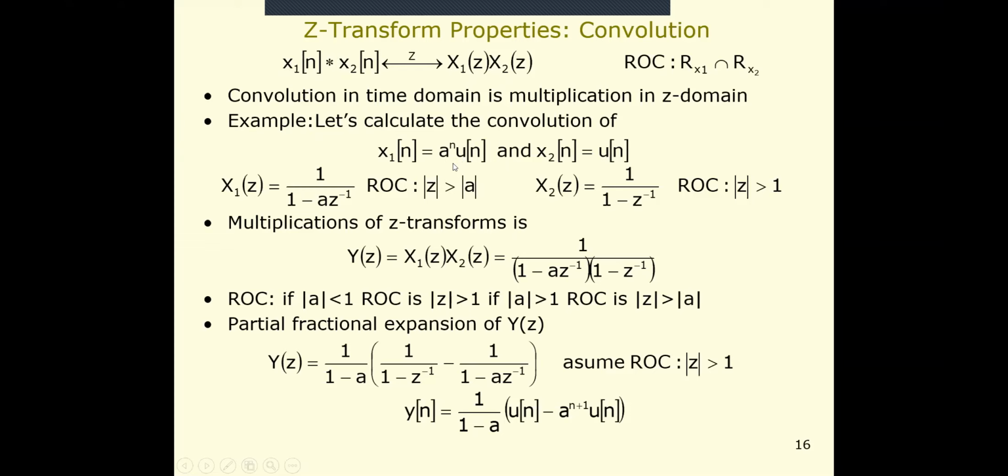If you are going to determine the z transformation for the convolution of these two functions, it will be multiplication in the z domain. Now X1 of z is 1 over 1 minus a z to minus 1, ROC magnitude of z greater than a. X2 of z will be 1 over 1 minus z to minus 1, and ROC will be z greater than 1. So Y of z, the result of the convolution, will be the multiplication of the two signals.